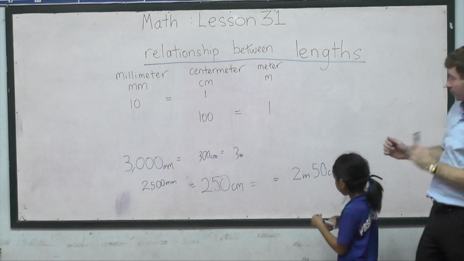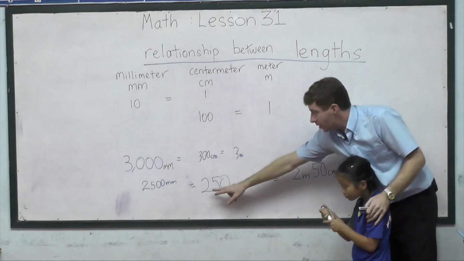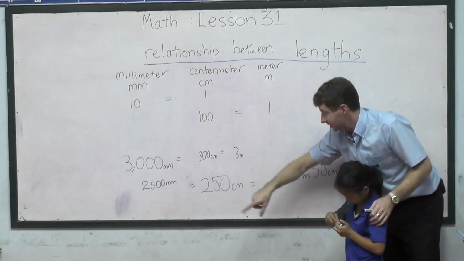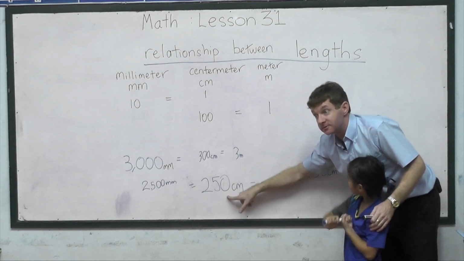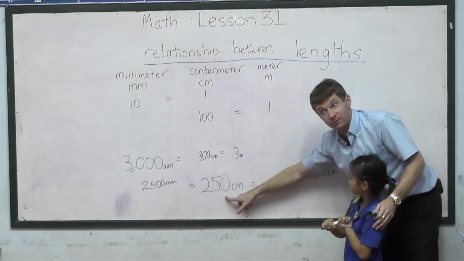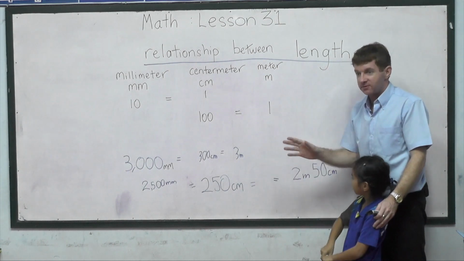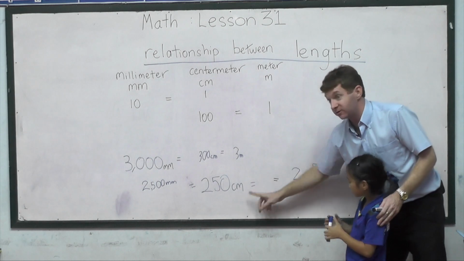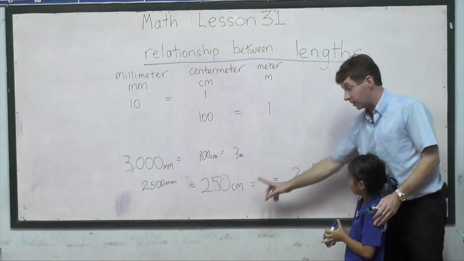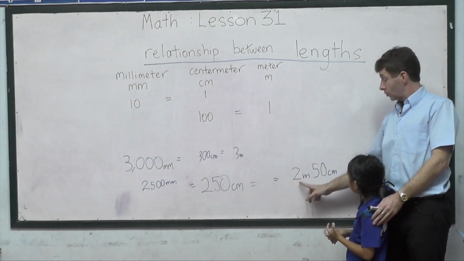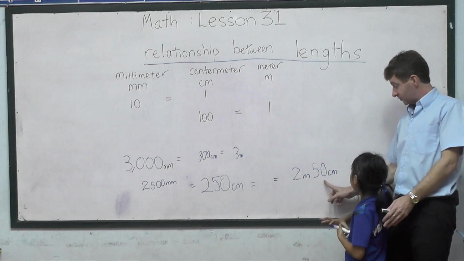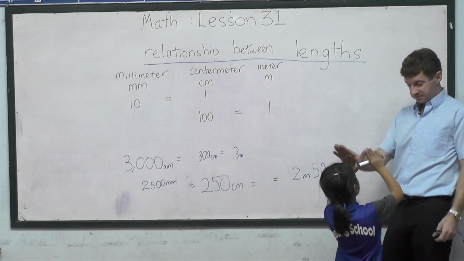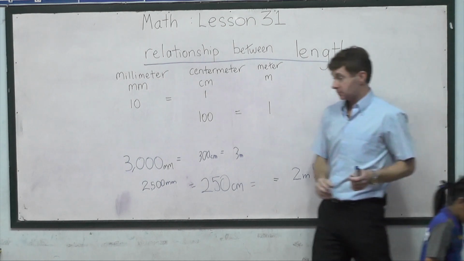You see, we know 200 centimeters is 2 meters, but we've got our 50 centimeters left over. We can't just forget. We need to take with us, so 250 centimeters becomes 2 meters and 50 centimeters. Excellent. High five. Round of applause for Prel.